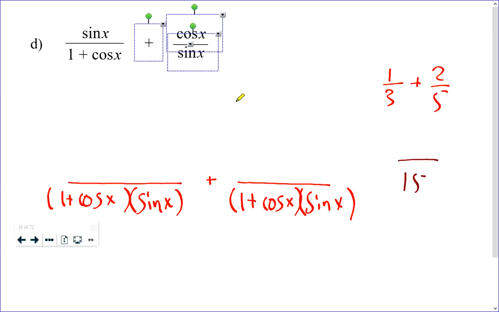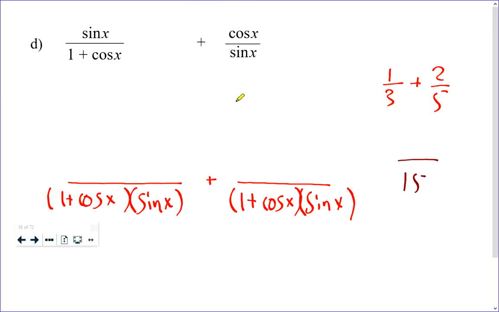You can choose to rewrite this if you like to give yourself more room, or you can squeeze it in, but I need to multiply the top and the bottom of this by sine of x to get 1 plus cosine of x times sine of x on the bottom.